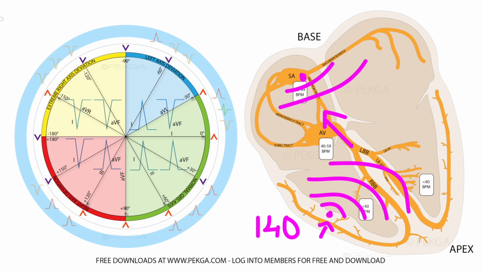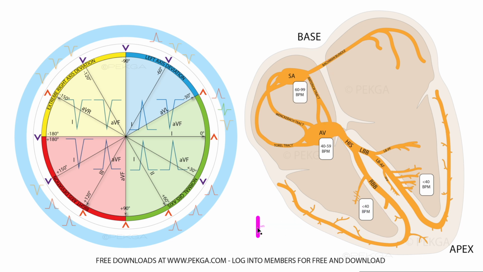Depending on where this signal is coming from, if this signal comes from here, you're going to have a different morphology. If this signal comes from here, you're going to have a different morphology. If that tachycardia comes from here, you're going to have a different morphology on the ECG. If it comes from right here, you're going to have a different morphology.